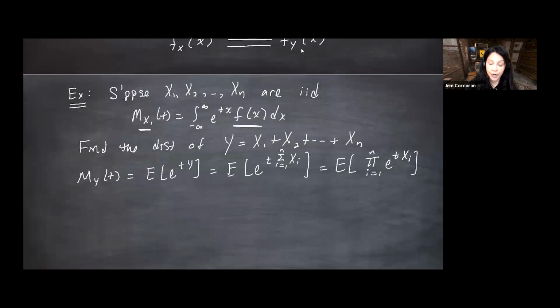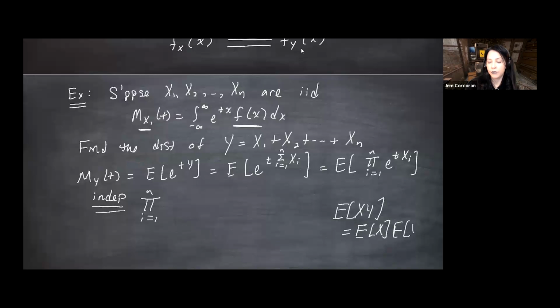And then because they're independent, that's part of the IID, you can pull the product out. So this is just a generalization of me saying much earlier that if X and Y are independent, you can break up an expectation of a product like this. So I'm just doing that with a whole bunch of things.